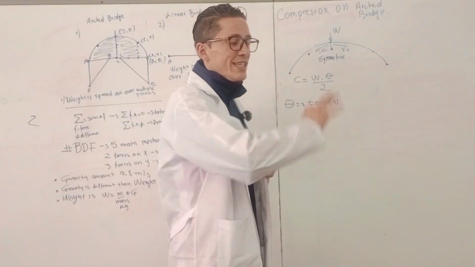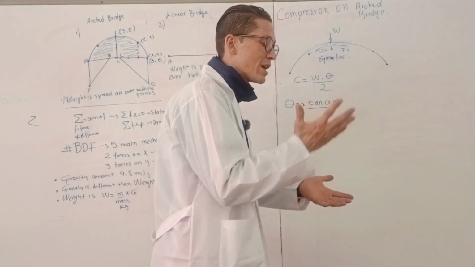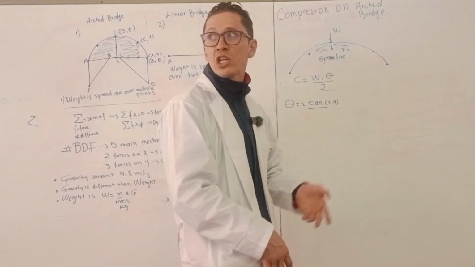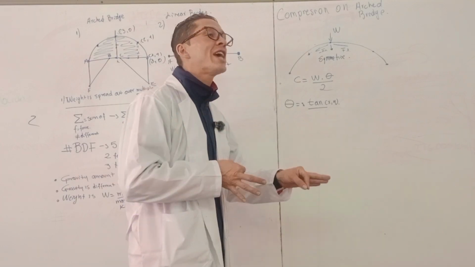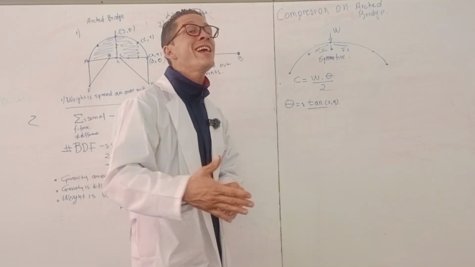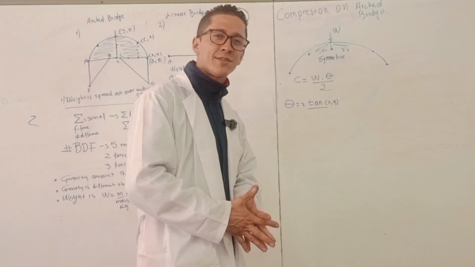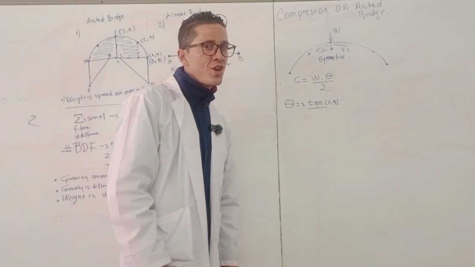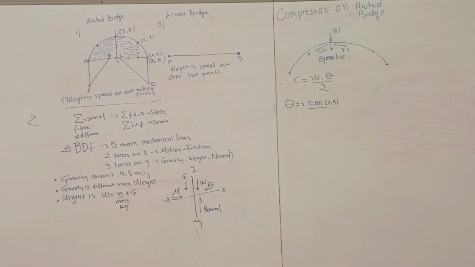The arched bridge is symmetric. Repeat this: because the arched bridge is symmetric, the forces are symmetrically spread out over multiple points. Teacher, I'm not understanding you. No, baby. Please do your best.